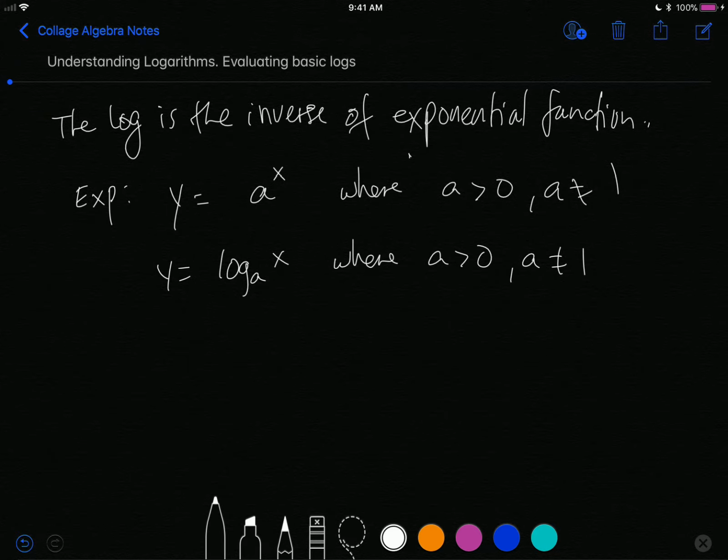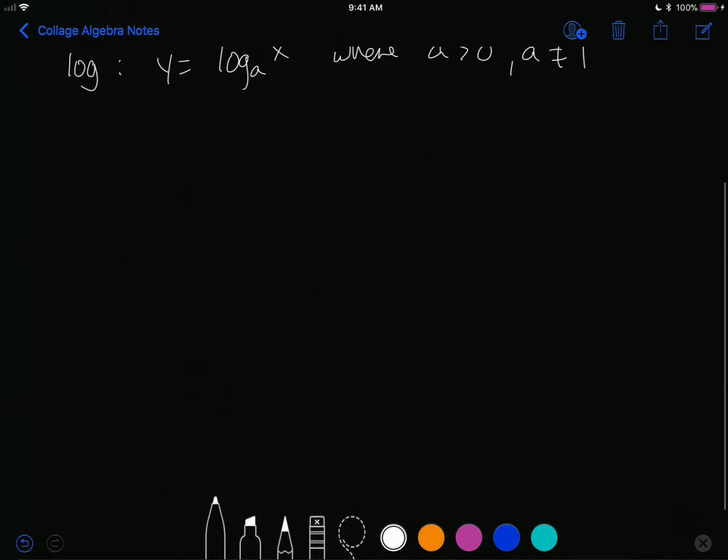Now, before we go any further, let's try to get a basic understanding of how logarithms work and why logarithms were formed. Let's see if we can compare the exponentials and the logs a little more closely.